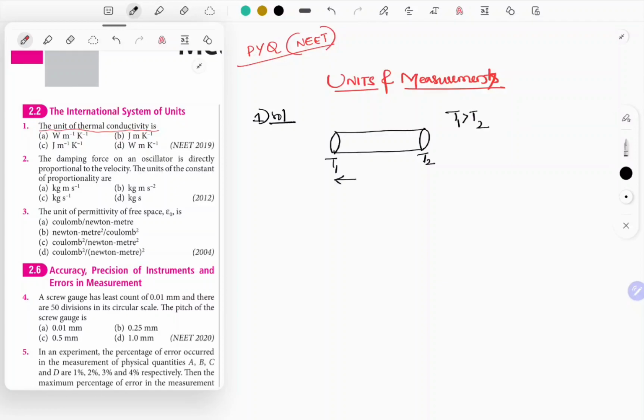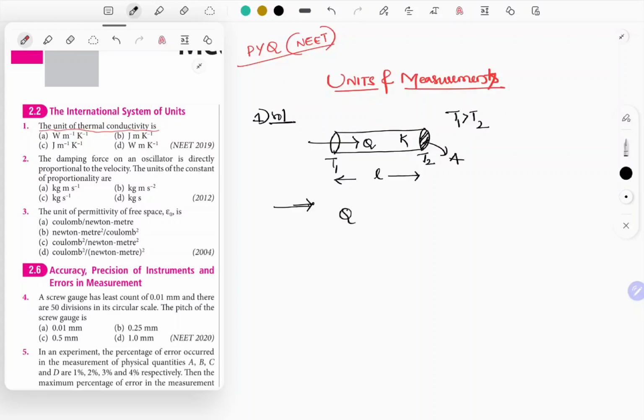Let's say the length of this conductor is L, the area of cross section is A, the amount of heat transferred is Q, and the material property called thermal conductivity is represented by K.